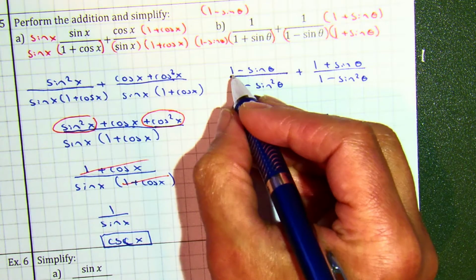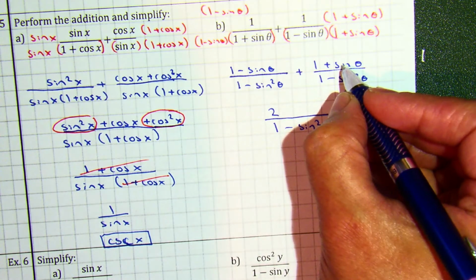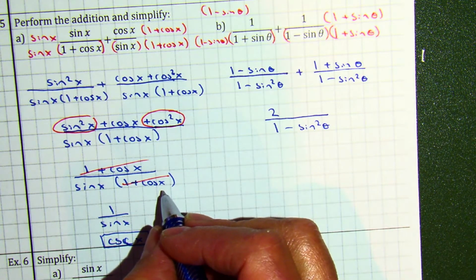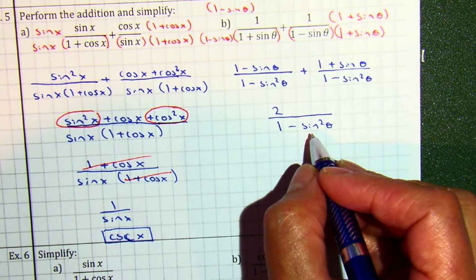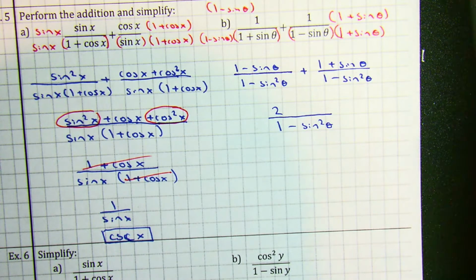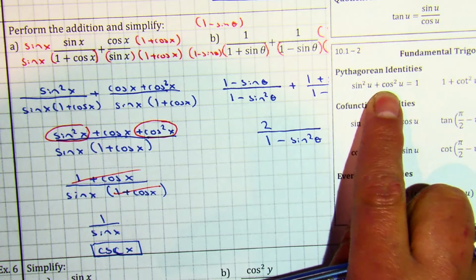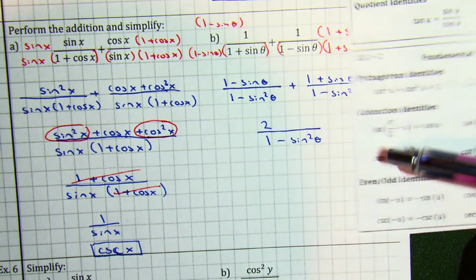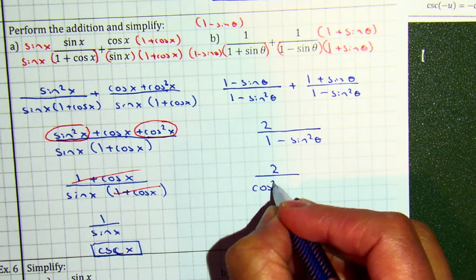And now I can add them. 1 plus 1 is 2. Negative sine plus sine is 0, so they cancel out. And what is the denominator equal to? Once again, I'm going to switch my sign to the right, so that will be equal to cosine. So this is 2 over cosine square of theta.